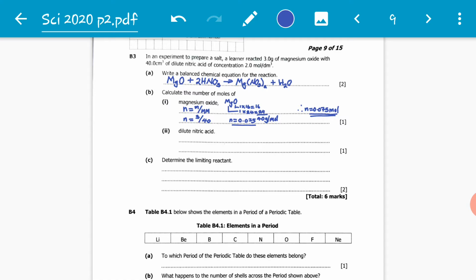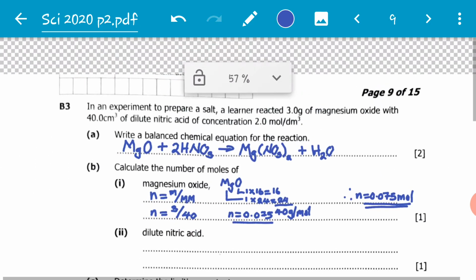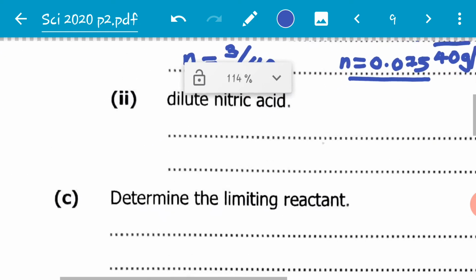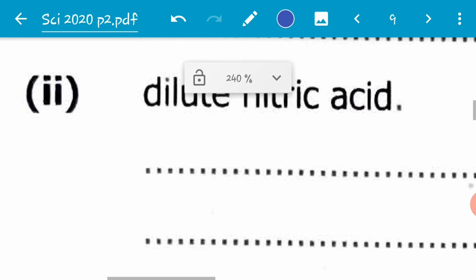We move on to B. B is the number of moles of dilute nitric acid. But what have they told us about nitric acid? They have given us the volume of nitric acid, which is 40.0 cubic centimeters, and we've been given the concentration of nitric acid. So what are we going to use? The formula we're going to use comes from the formula for concentration.